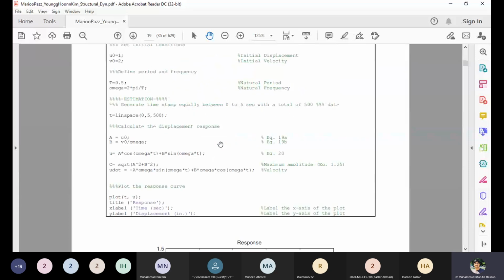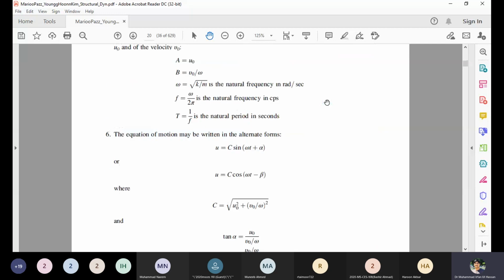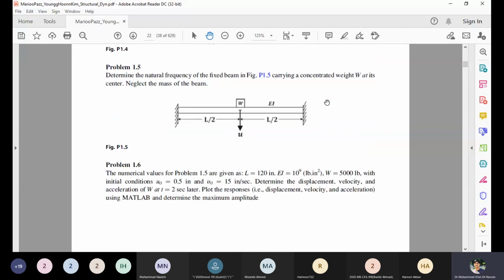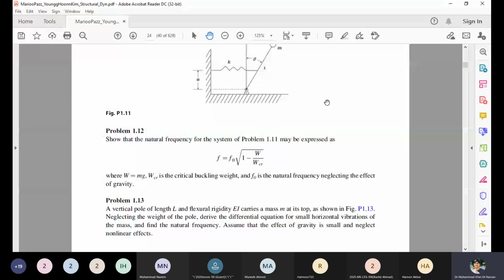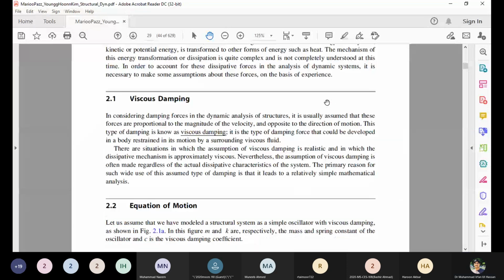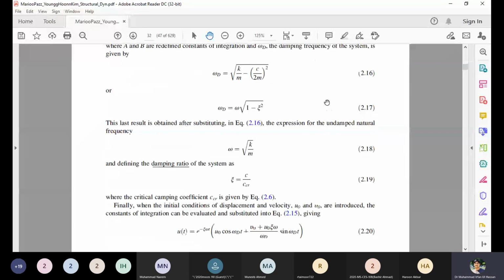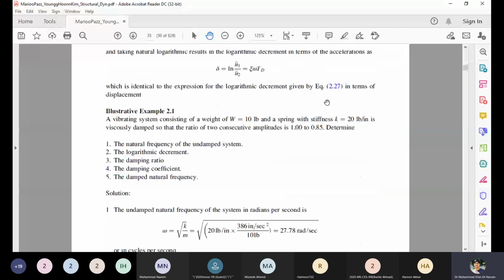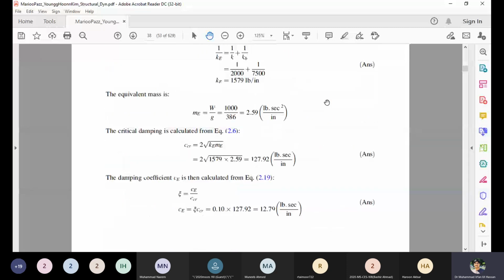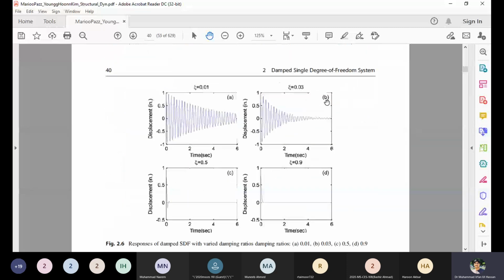To discuss the MATLAB program, and then the program for the damped system, number 2. For the damped system you also have some MATLAB programming there.